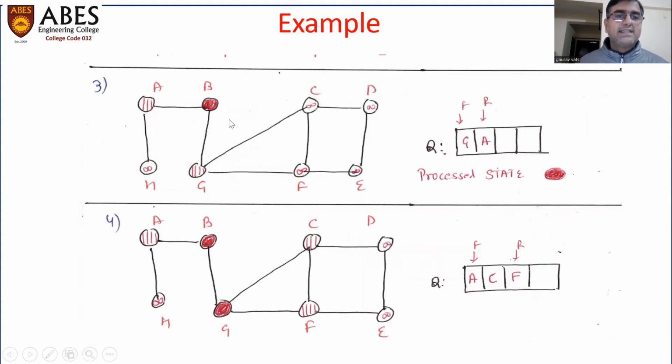Now, after processing this, we can see that these two nodes that are the neighbors of B are in waiting state.